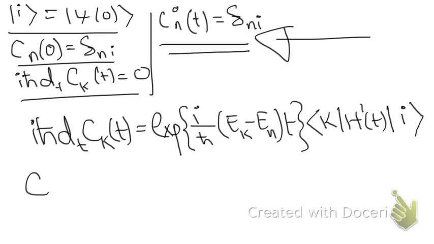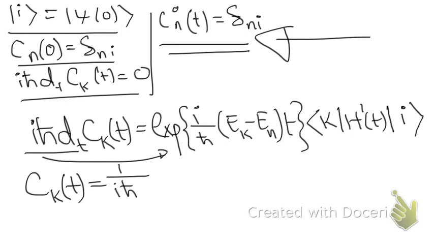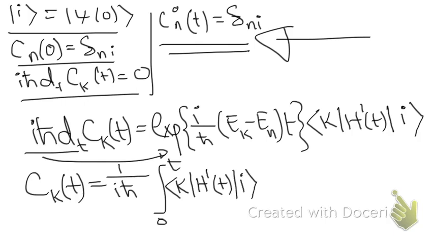I can find my coefficient ck as a function of time being equal to 1 over i h bar, times the integral from 0 to t of the matrix element k of my perturbed time dependent Hamiltonian, I'm sorry, not iota, I over here, and exponential of i over h bar (Ek minus Ei) times t.